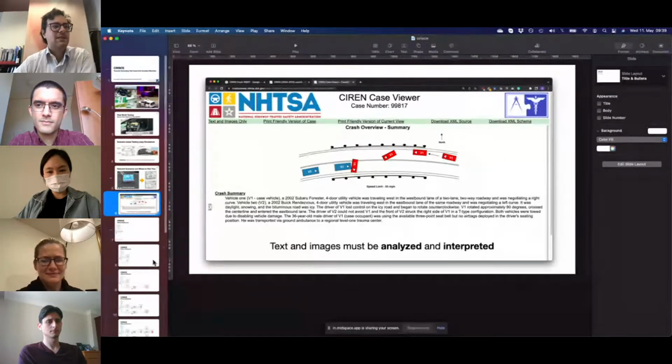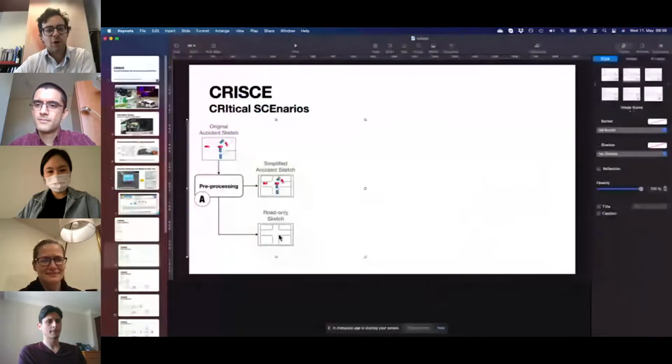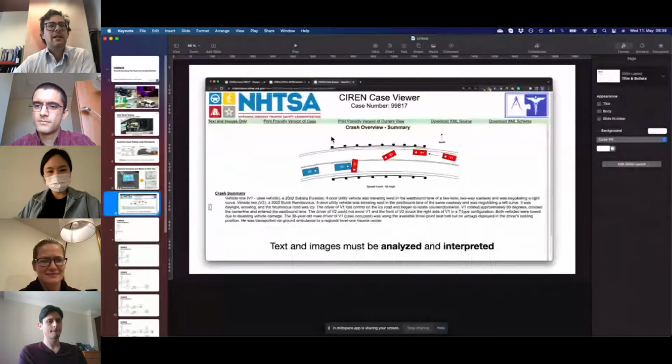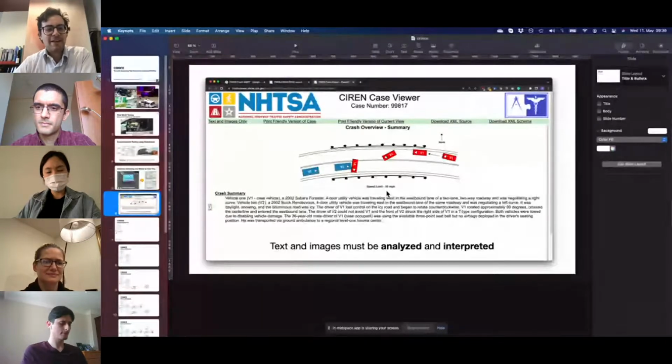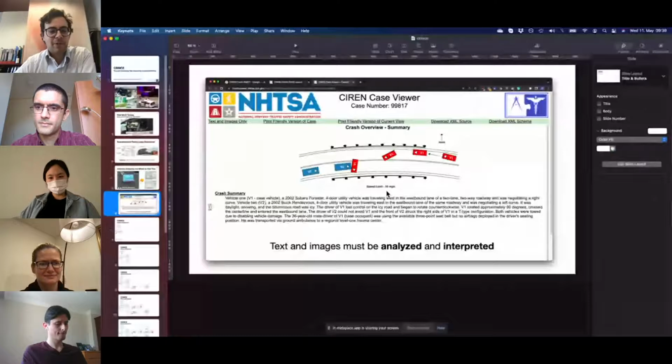This is basically what we need to do to get this road-only sketch. For the other one, it's mostly getting rid of text and other elements that we cannot yet process. Actually, now we can process node directions and speed limits as well, but it's not in the paper yet. So it's basically cleaning up a bit of the mess. Okay, thank you.